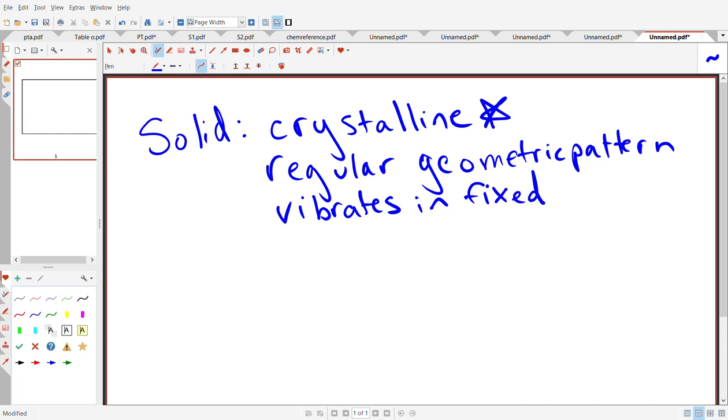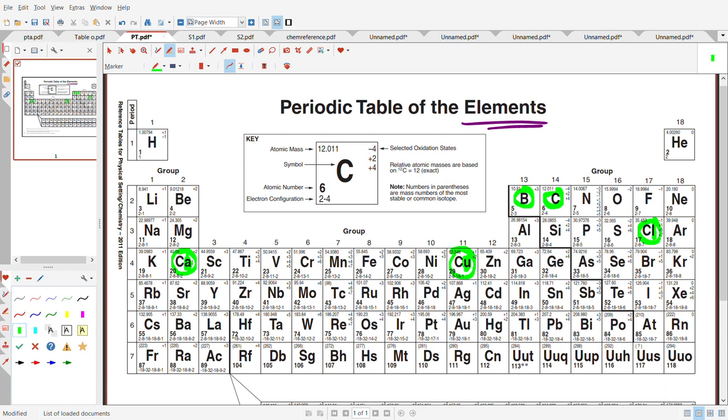And you're going to learn on the periodic table, if we want to mention it now, that most of the elements are solids. In fact, you're going to learn that right here. Mercury right here is a liquid. Bromine's a liquid at room temperature. Iodine's a solid. This last column is known as noble gases, so you're going to have to know that these are all gases.